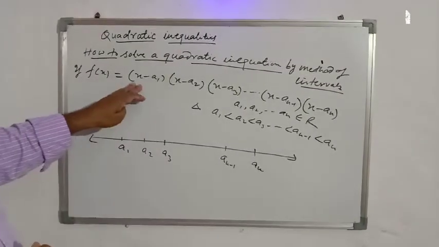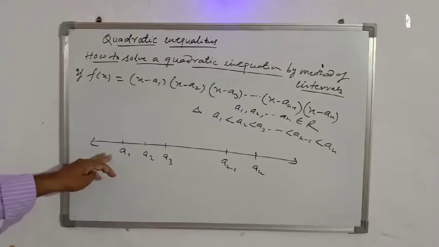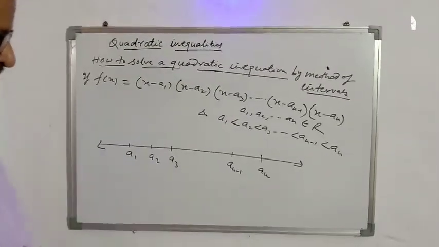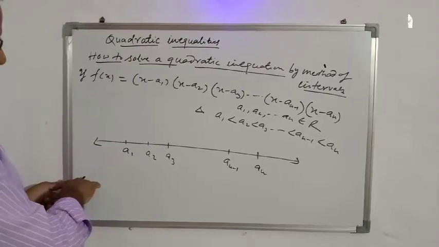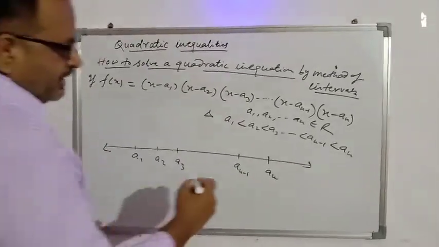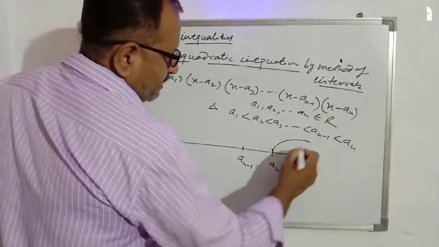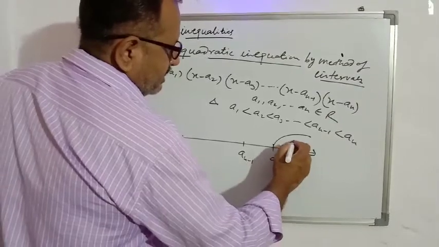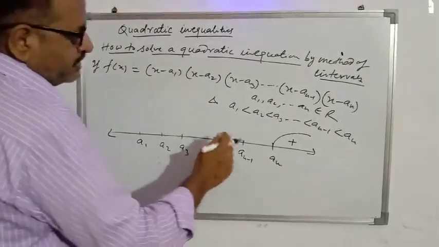So find those values of x for which f(x) is equal to 0. Write these values of x in the increasing order. A smaller number we have to write in the left side, write larger number on the right side. Then from the right side we will make the interval, means for x greater than an, f(x) will be greater than 0, positive.